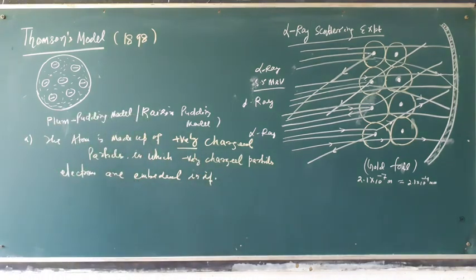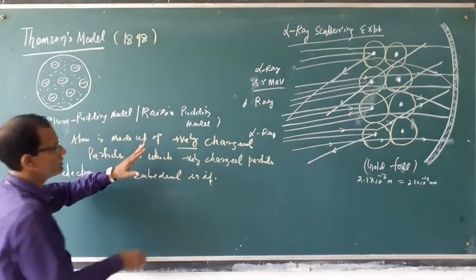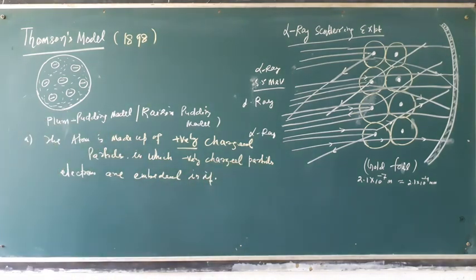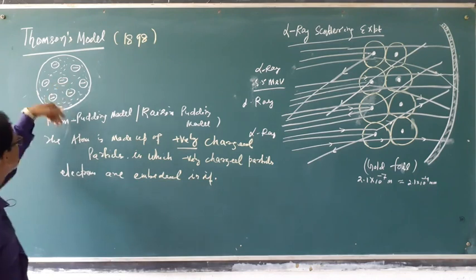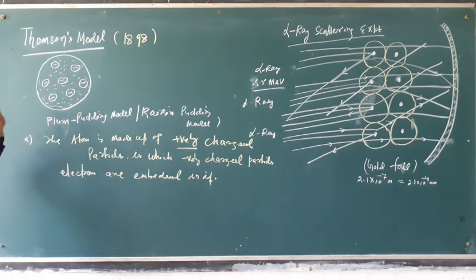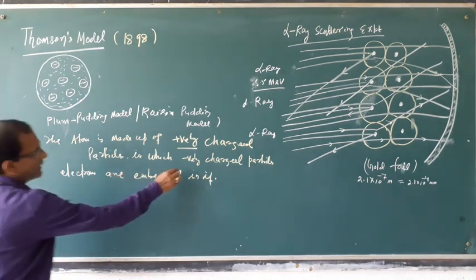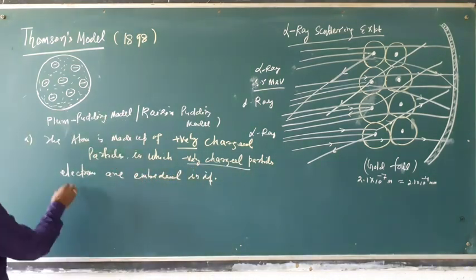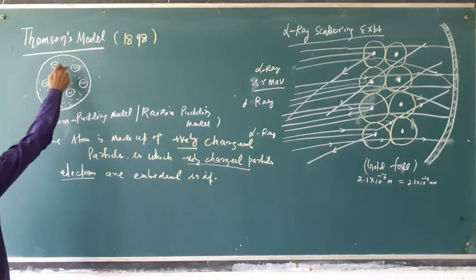What is the meaning? The whole atom is made of positively charged particles, means a positively charged sphere in which negatively charged electrons are embedded.